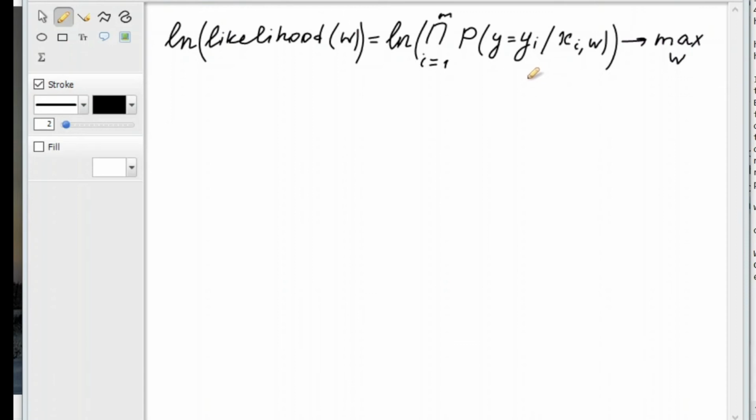That is why we resolve this problem by computing instead the sum of logarithms of probabilities, because the logarithm of a product is a sum of logarithms. So now we will use this property and rewrite this part of our equation.